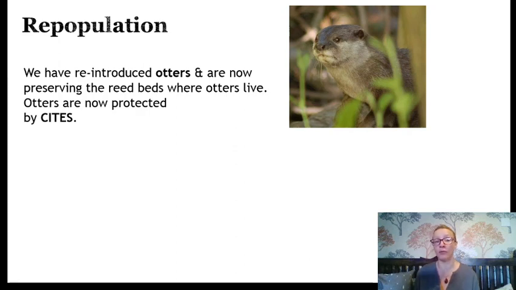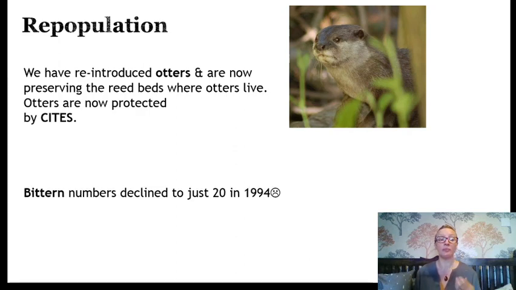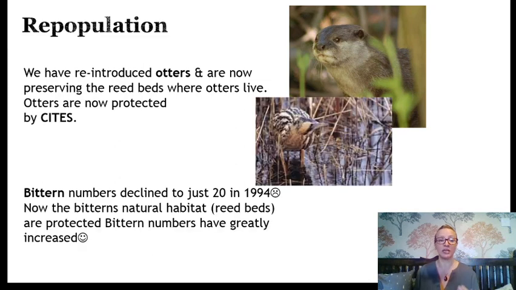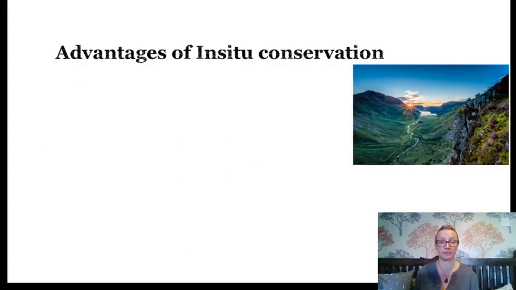So really, really important. But also by preserving these reed beds, the bittern numbers are increasing as well. So it works for both of those species, otter populations increasing, but also bittern numbers. Bittern numbers declined to just 20 in 1994, and now those natural habitats are being protected. The numbers of those bittern populations have massively increased.